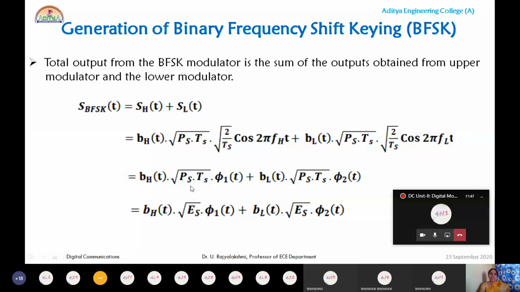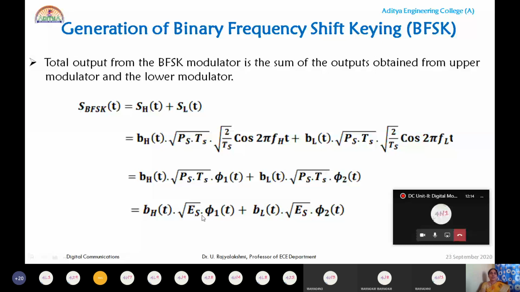And also you can define the symbol energy Es as the product of power dissipated per symbol and symbol duration. And please remember that in binary FSK we are transmitting only 1 bit per symbol, but with two different frequencies. So because we are transmitting only 1 bit per symbol, here the symbol duration will be equal to bit duration.